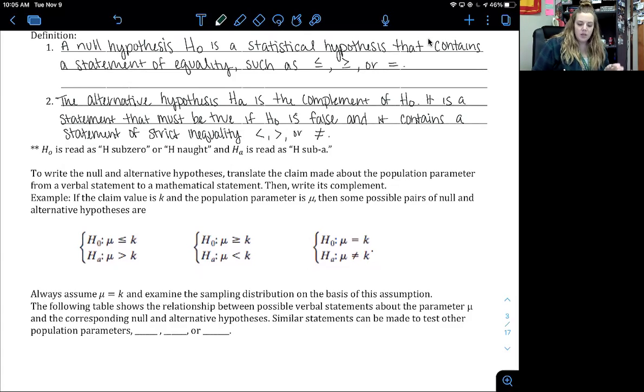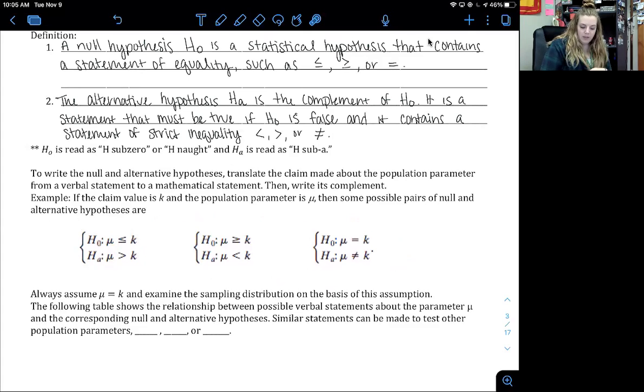Okay, when we do this, we're always going to assume that mu equals k for your mean. Okay. So this example here shows you the 3 different ways you can see your hypotheses written. Okay. Our mu will also potentially change to be our population parameter p, and then our k values are always going to be numerical. Okay.